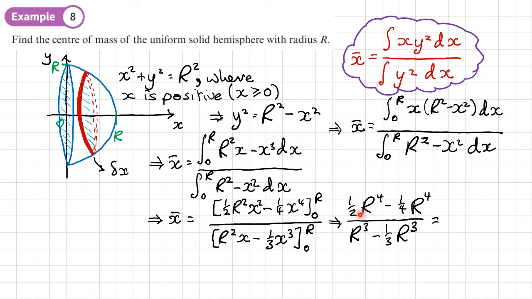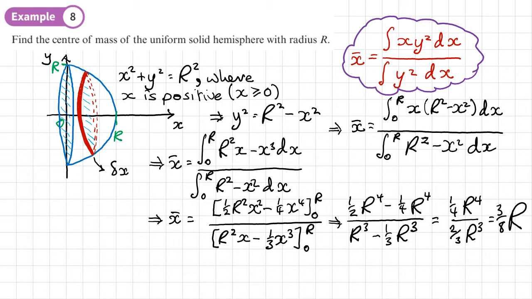A half r to the power 4 minus a quarter r to the power 4 is a quarter r to the power 4. And then r cubed minus a third r cubed is going to be 2/3 r cubed. So our last step is just to simplify that. And that leaves 3/8 r.